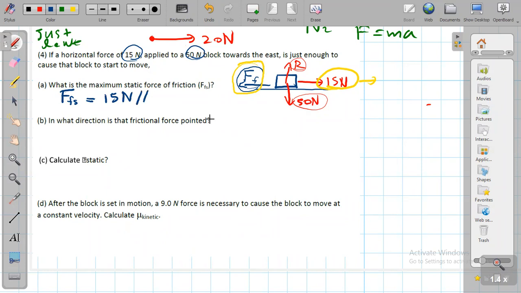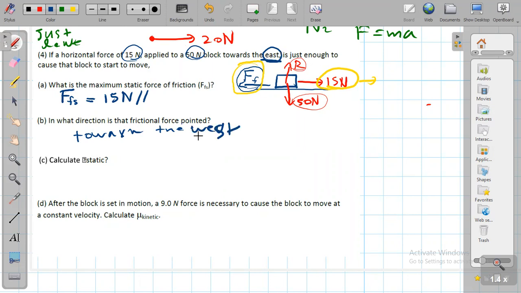What is the direction of the friction force? The question says the 15 Newton force is applied towards east, so the friction applies in the opposite direction. Towards the west.